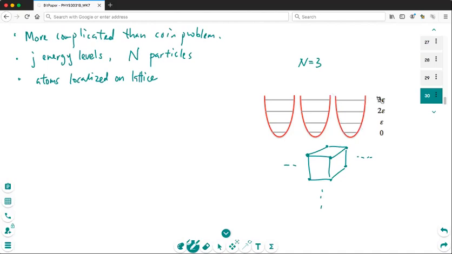If, unfortunately, I choose this example of having a 0. Suppose the lowest one is finite, you have your zero-point energy, and this is the problem of the harmonic oscillator. Okay, and this is a realistic picture, because when you put your atoms on the lattice, you can form a crystal.